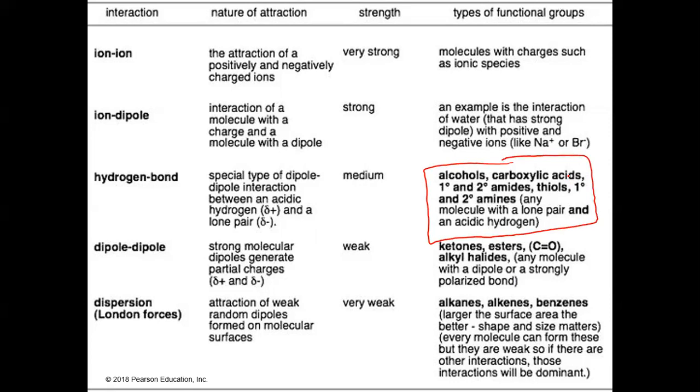Those are all organic compounds. Ketones, esters, alkyl halides, all organic compounds. So you might want to flag this slide if you're going on to organic.